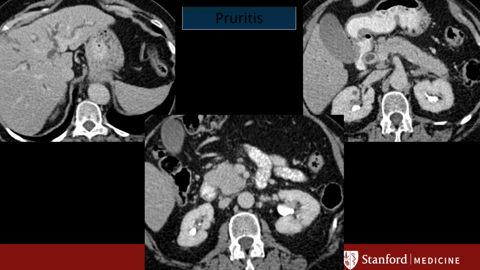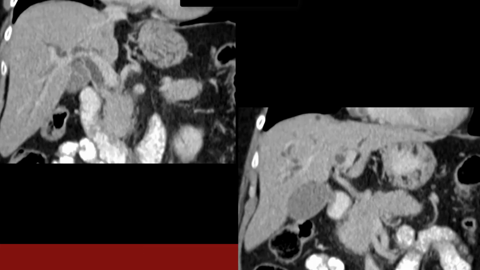So again, there's thickening of this bile duct here, fat pancreatic head, intrahepatic biliary ductal dilation. So this has autoimmune pancreatitis and IgG4 cholangiopathy. Here are coronal images where you can really nicely see the ductal wall thickening there.